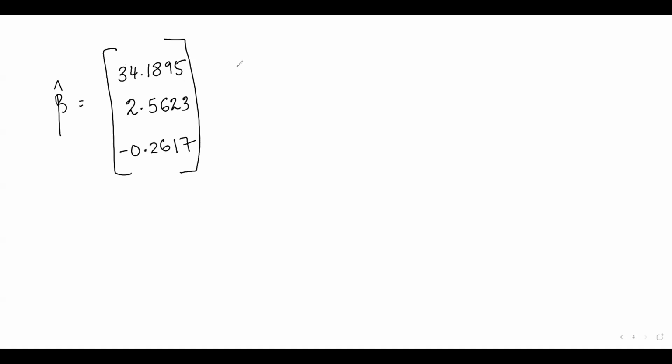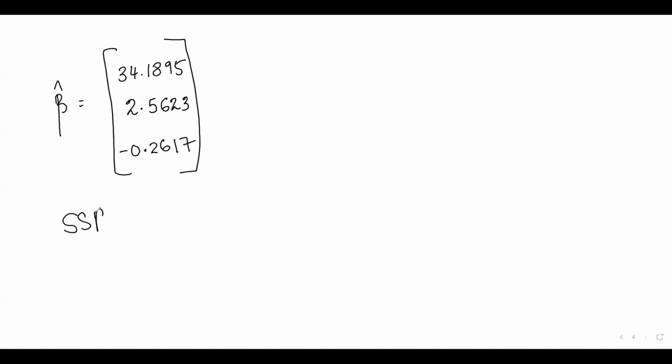So this is the value of beta naught, this is the value of beta 1, and this is beta 2, right? Then I asked you to compute the sums of squares. So in the ANOVA table, just because the time is passing, I'll give you the answers, but please work it out, right?